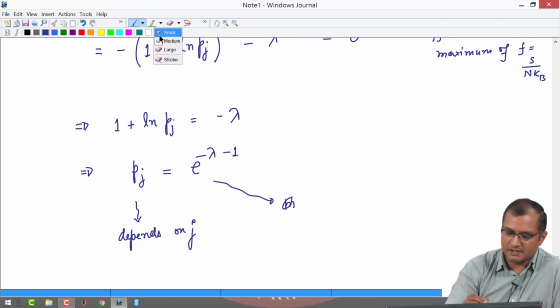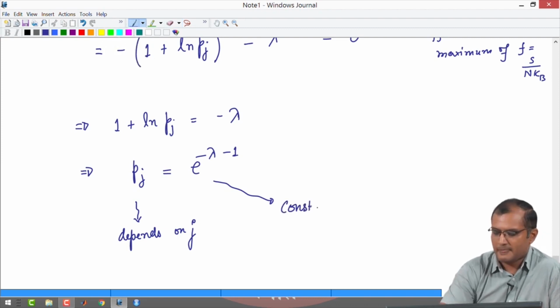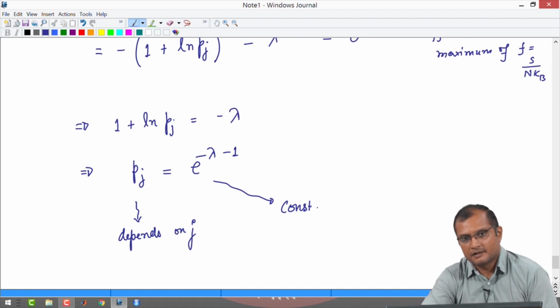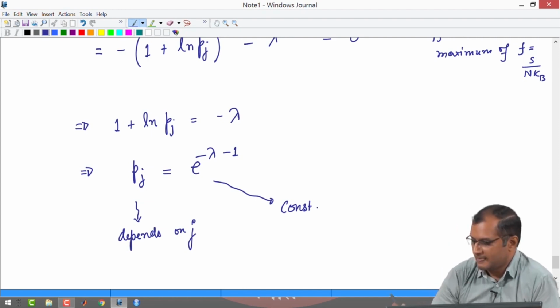So, what can you say about this? You pick up any face of the die, its probability is the same. What can you tell about such a dice, which gives you the same probability for all the faces?